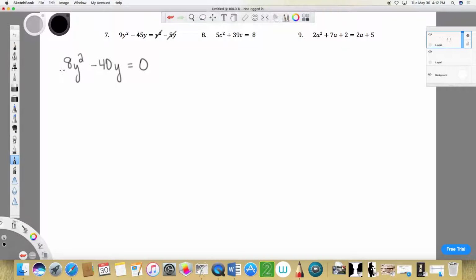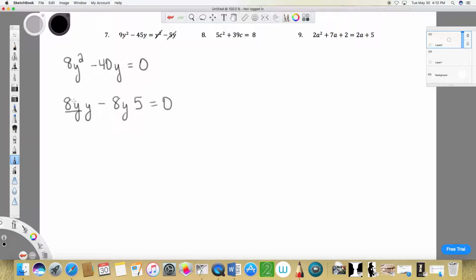So I notice here that I have two terms, and these terms have a greatest common factor of 8y. Let's point it out this one time. I can rewrite 8 times y squared as 8 times y times y.